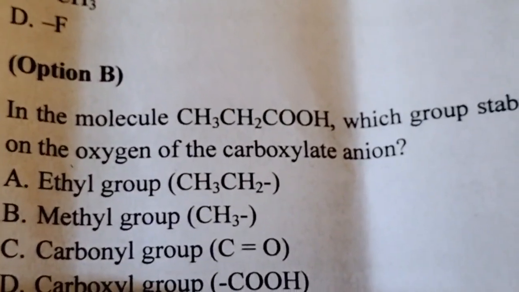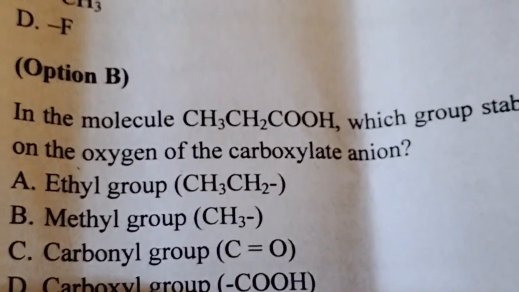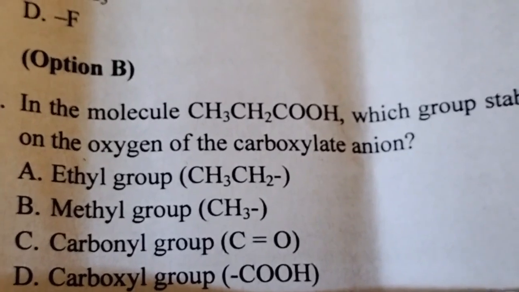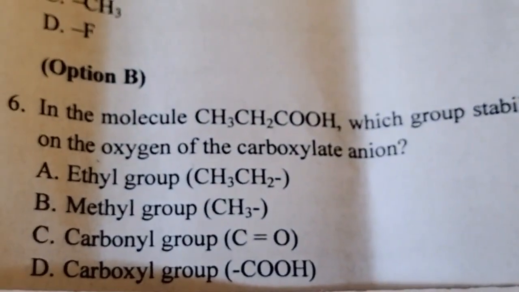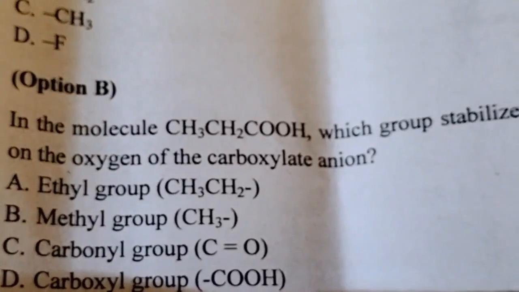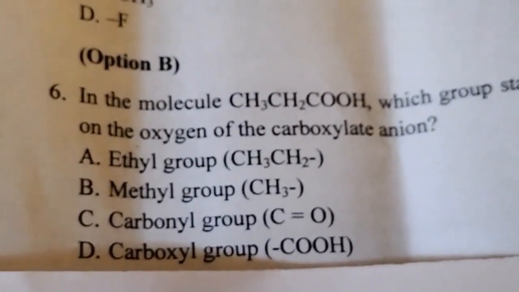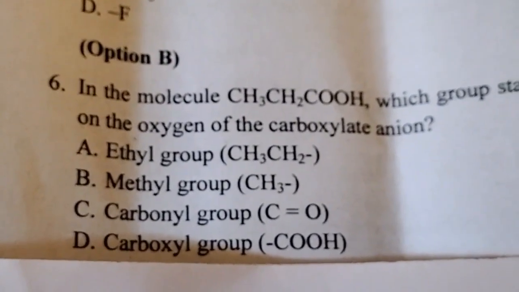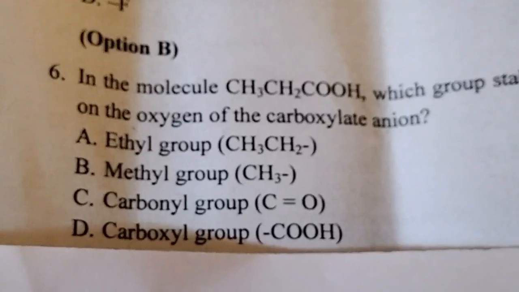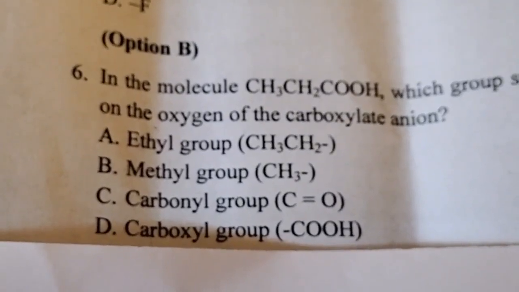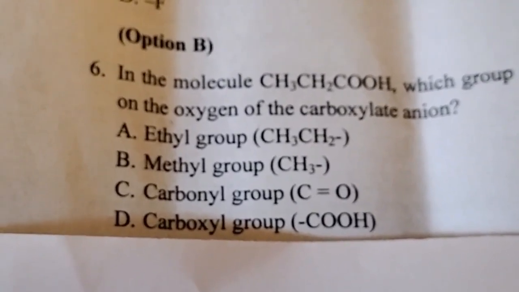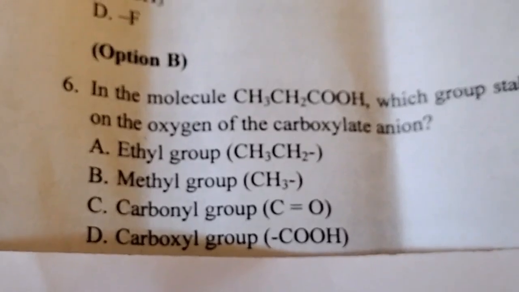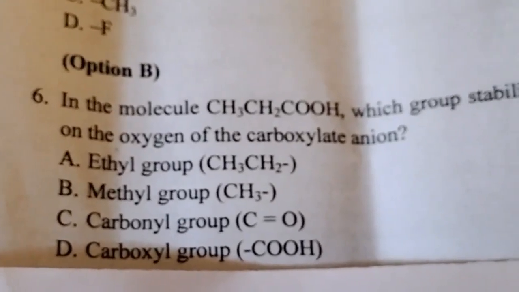Number 6. In the molecule CH3CH2COOH, that compound is called propanoic acid. Which group stabilizes the negative charge on the oxygen of the carboxylate anion? A, the ethyl group CH3CH2, B, the methyl group CH3, C, the carbonyl group CO, D, the carboxyl group COOH.